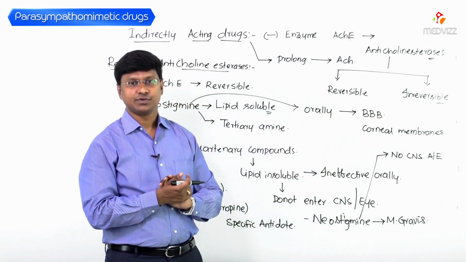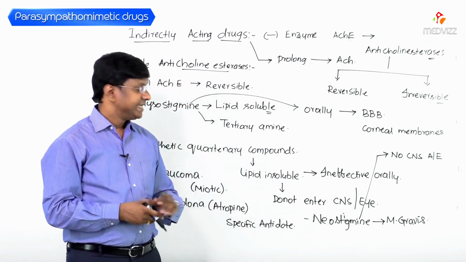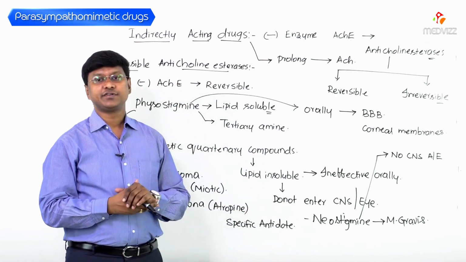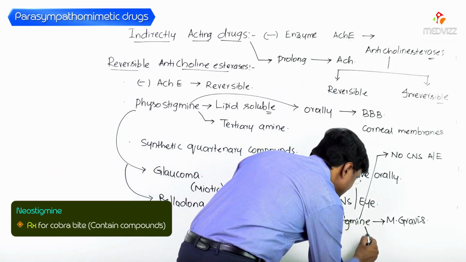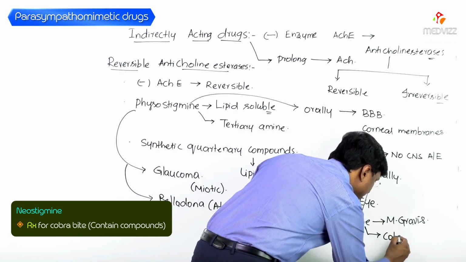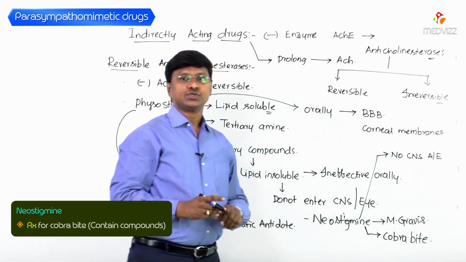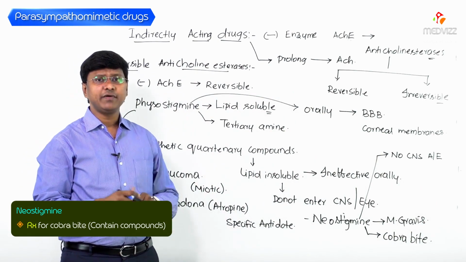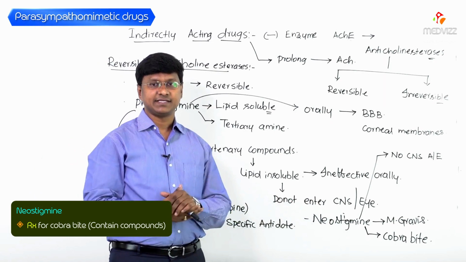Now, Neostigmine can also be used for the treatment of cobra bite. Not only in myasthenia gravis, it is also used in the treatment of cobra bite. Cobra venom contains compounds that cause skeletal muscle paralysis.